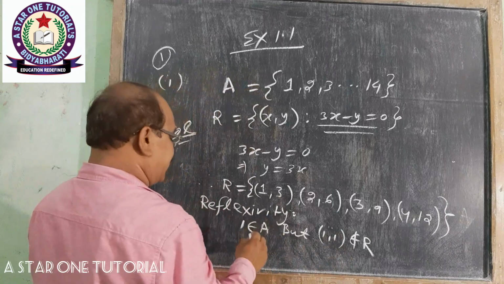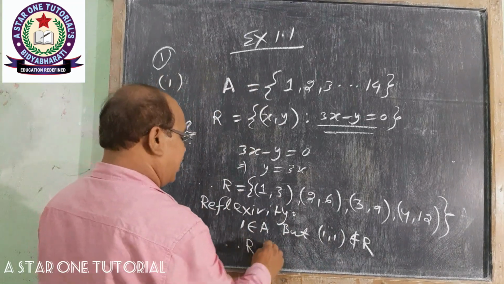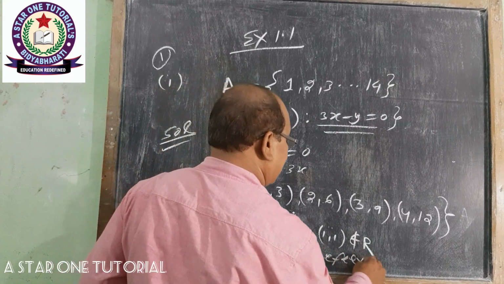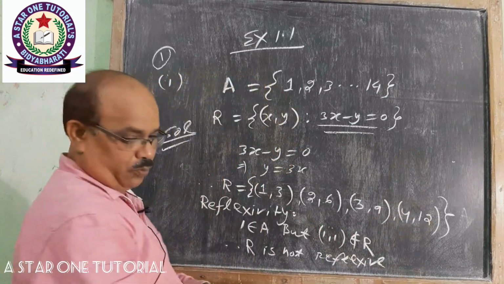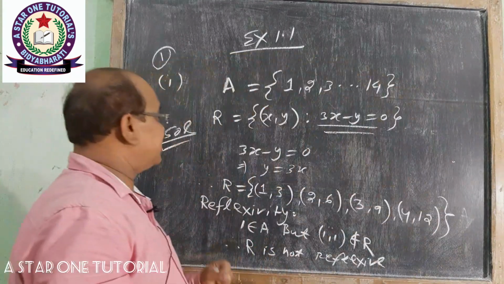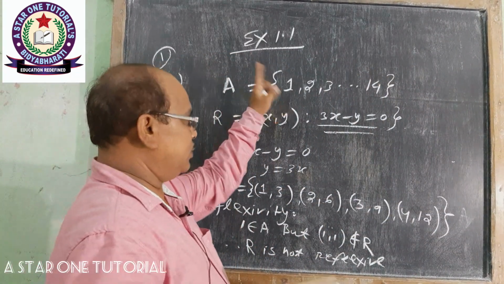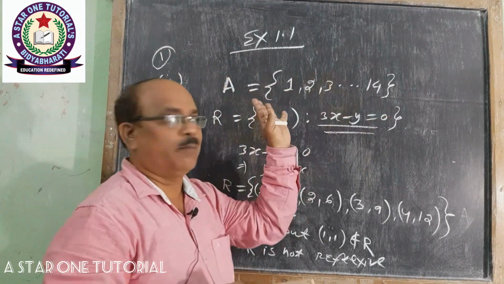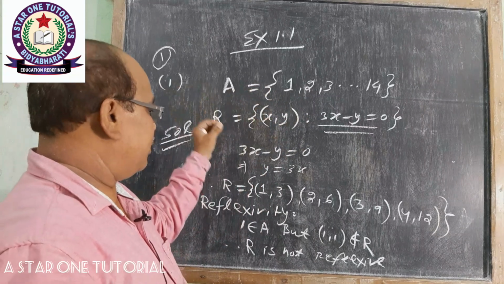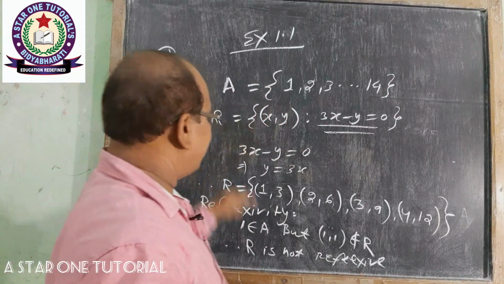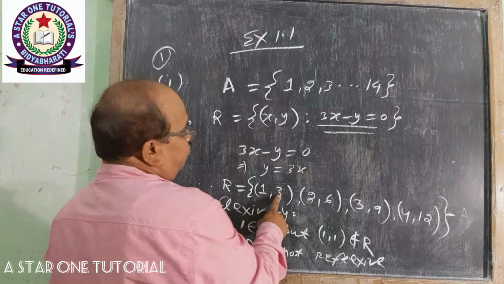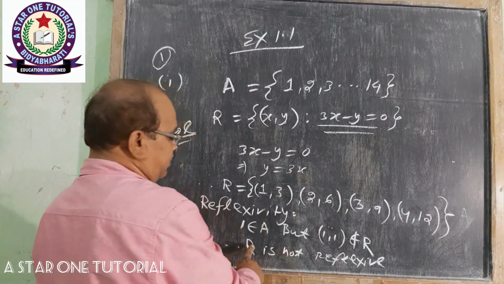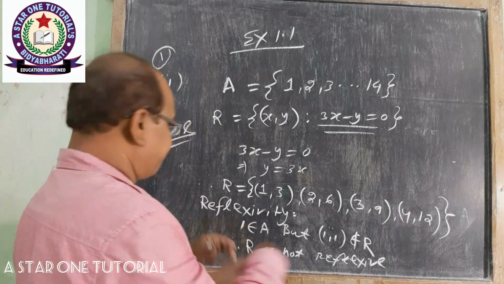That's why we can say that R is not reflexive, because for reflexive we should have (1, 1), (2, 2), (3, 3), (4, 4) up to 14 pairs there. But you see that 1 is related to 3, 1 is not related to 1. That's why this relation R is not reflexive.